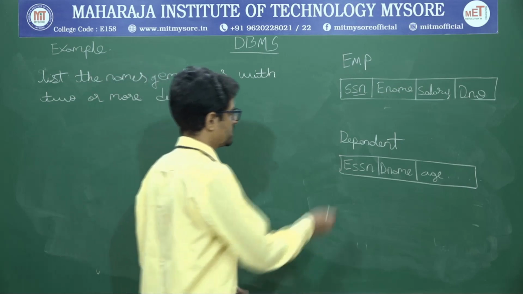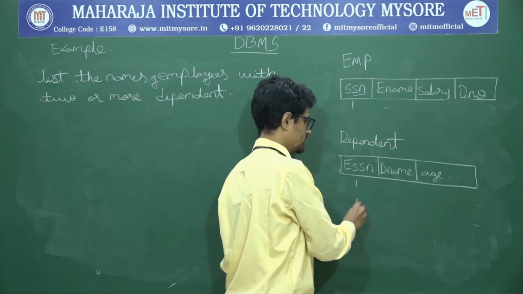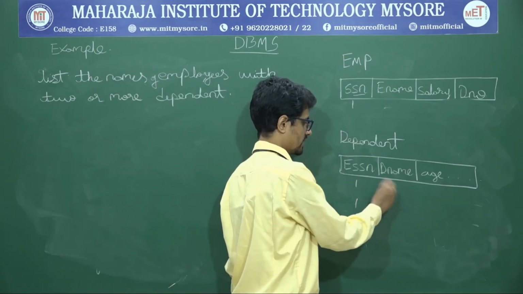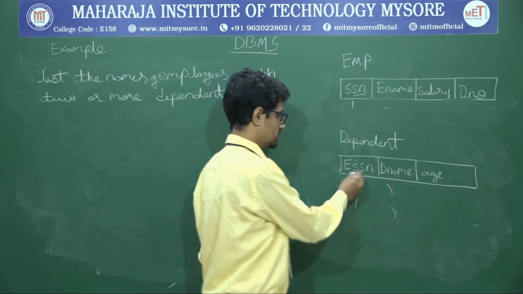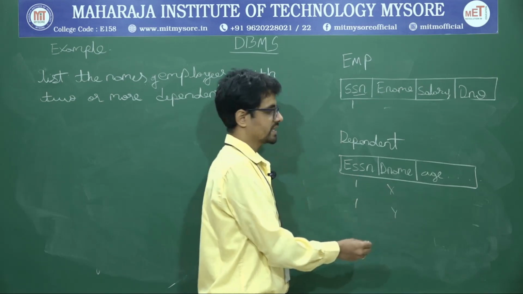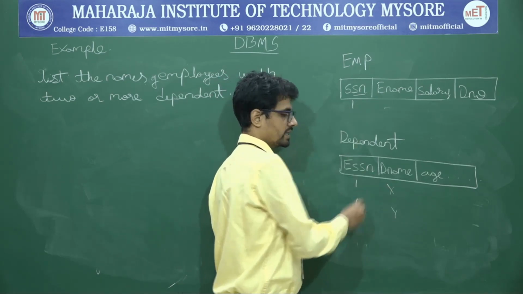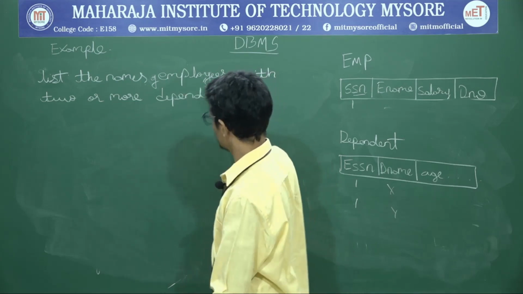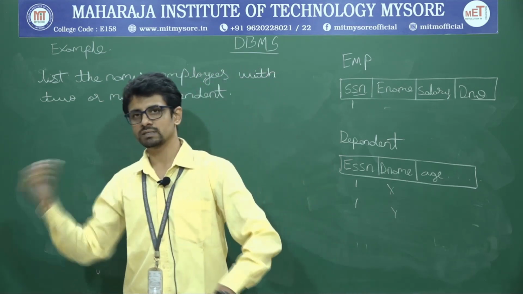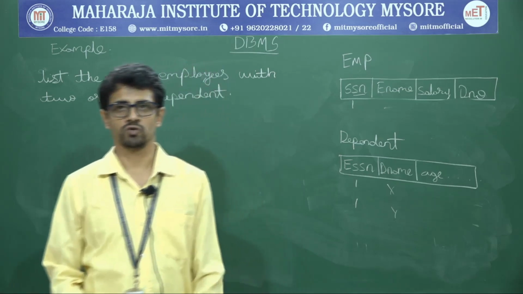Say, for example, SSN number 1 is present twice with 2 dependents, X and Y, might be a father and a mother. Because this employee has both father and mother, this person has 2 dependents. Likewise I need to find 2 or more, so I want 2 as well as more than that, and the employee names.